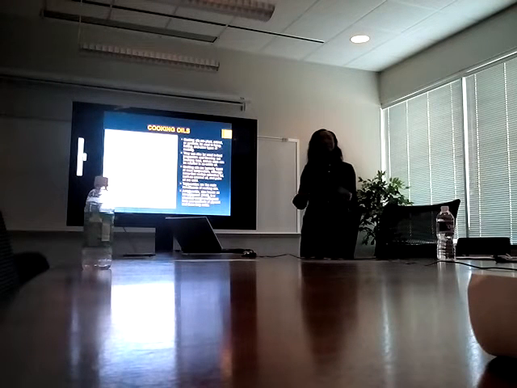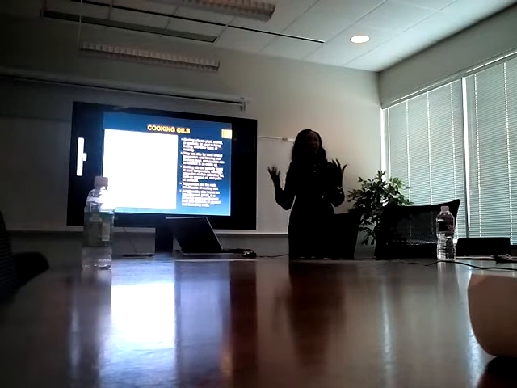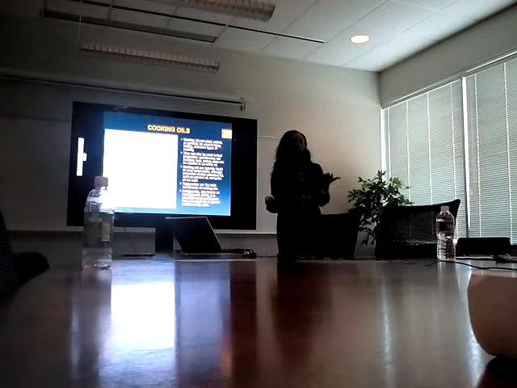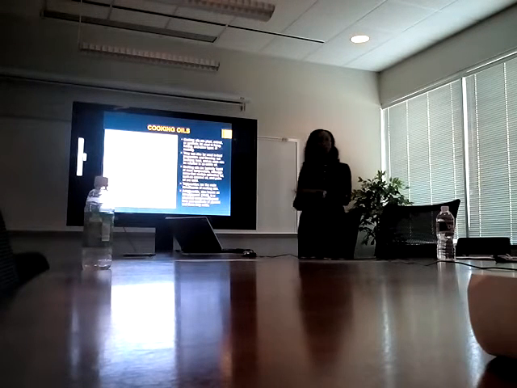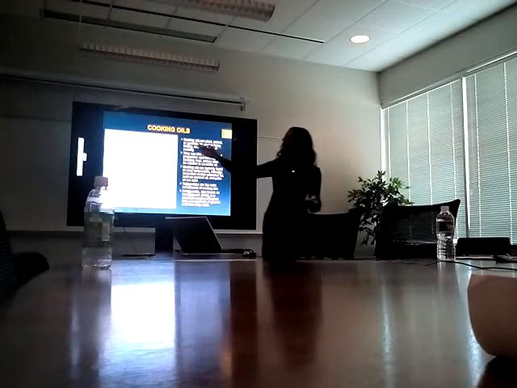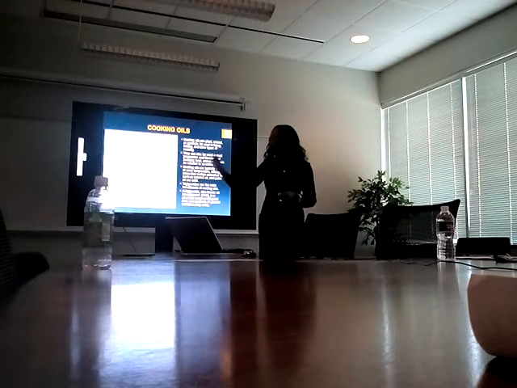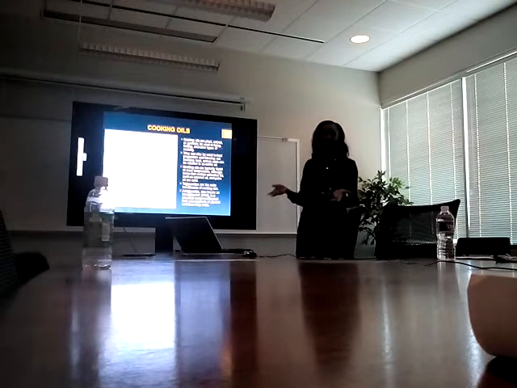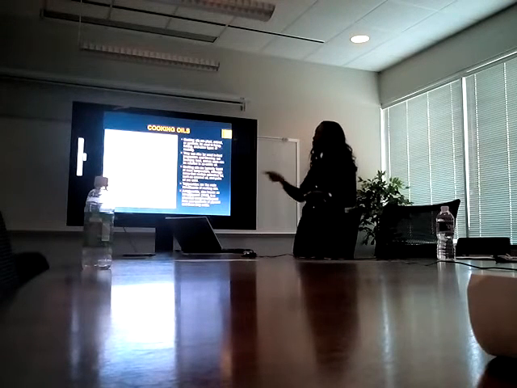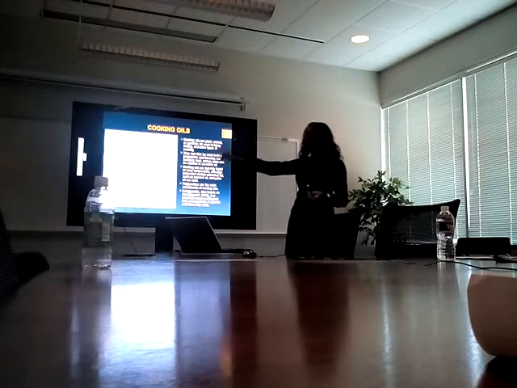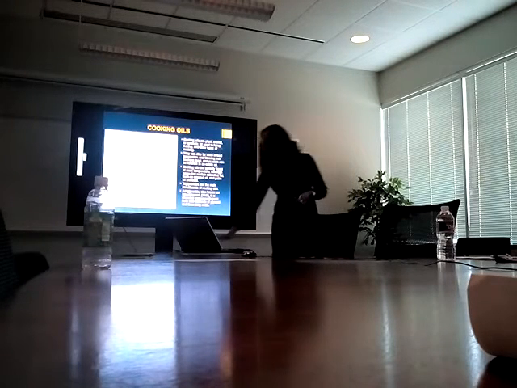A triglyceride is a chemical compound that is formed as a result of the combination of one molecule of glycerol and 3 chains of fatty acids. So the picture on my right here shows a typical structure of a triglyceride. Like I said before, it's made up of 1 molecule of glycerol and 3 chains of fatty acids.